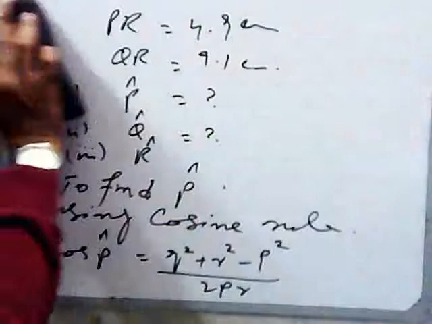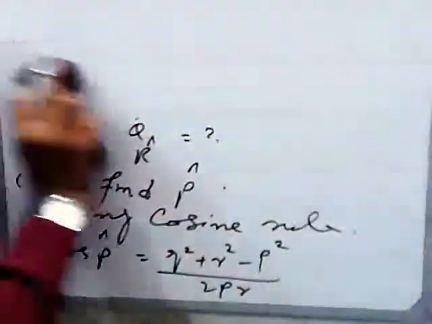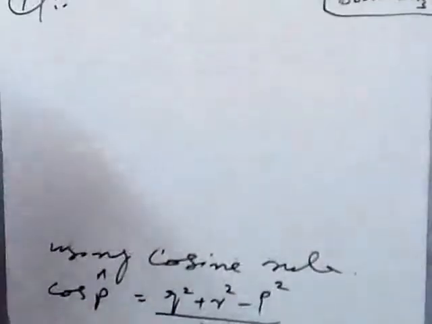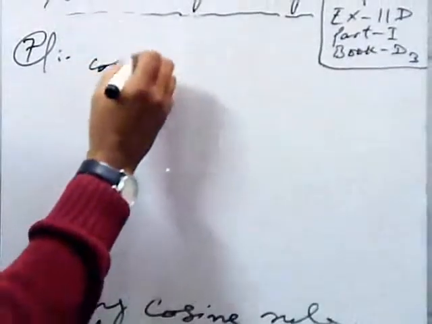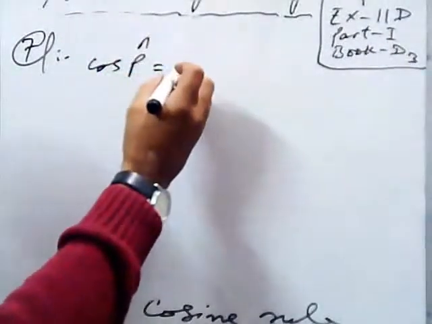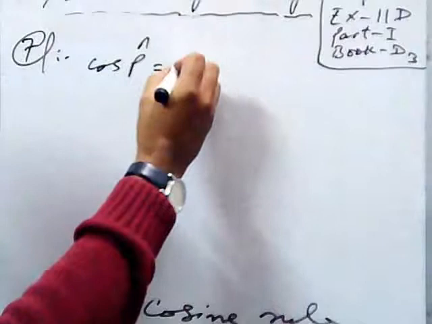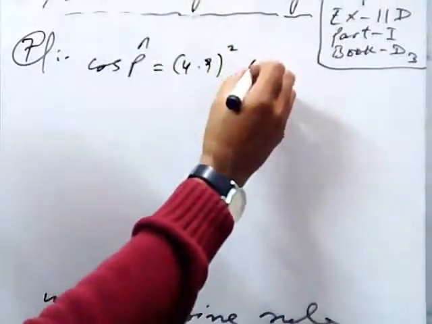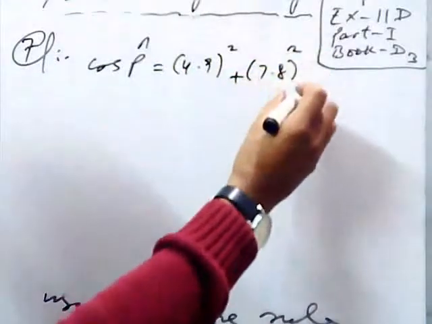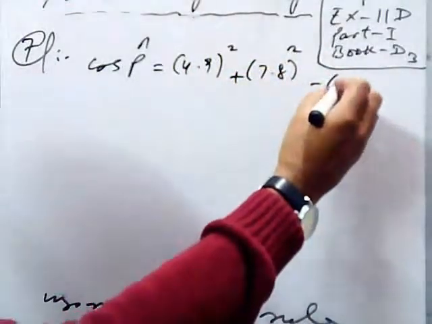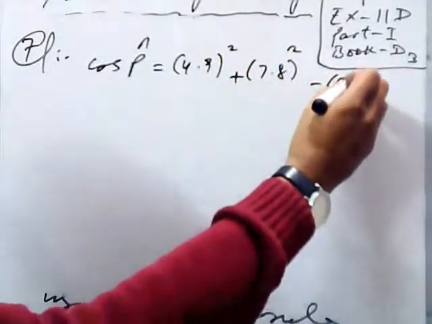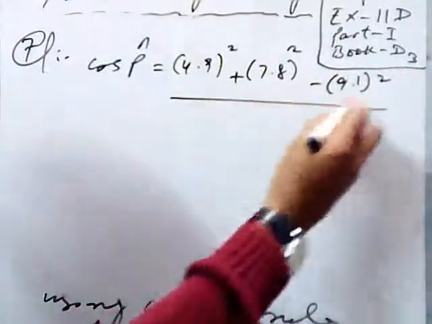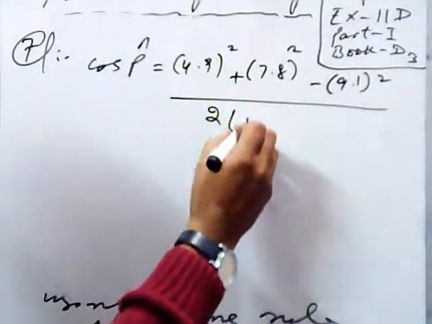So after putting the values, cos P is equal to 4.9 square plus the value of R is 7.8 square, minus the value of P is 9.1 square, divided by 2PR.